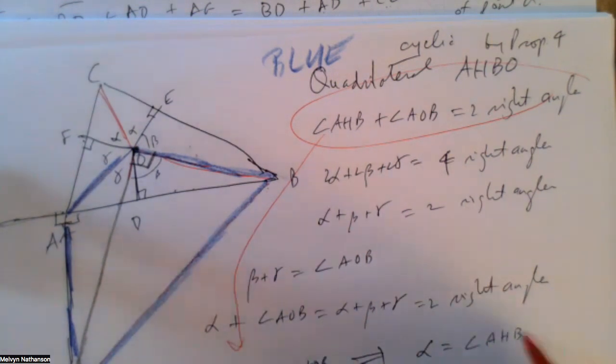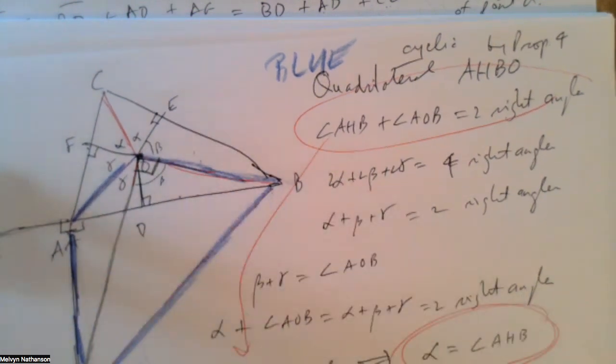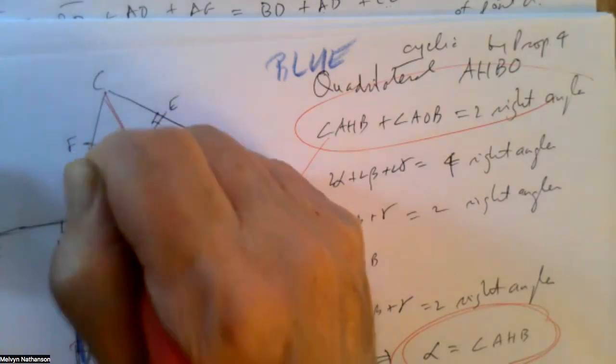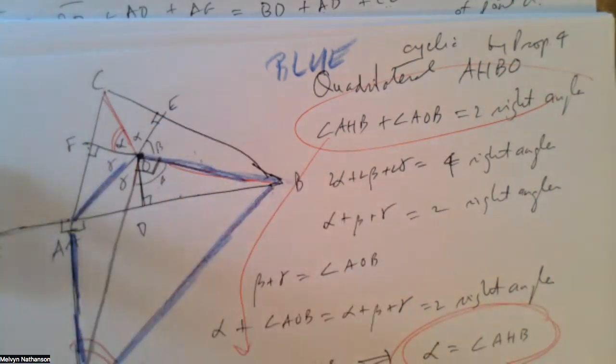And this turns out to be a very important fact. Angle AHB is this angle, and angle alpha is that angle. And these angles are the same.